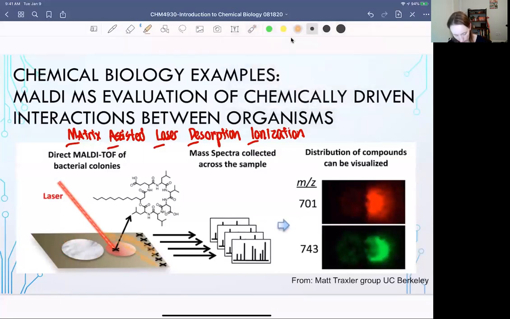So it'd be coating the plate with a MALDI matrix there that I'm showing in orange. And that MALDI matrix is going to facilitate the ionization process. What happens then is the laser beam comes in like so, and that is going to desorb compounds from the surface of this bacteria here that's in pink.